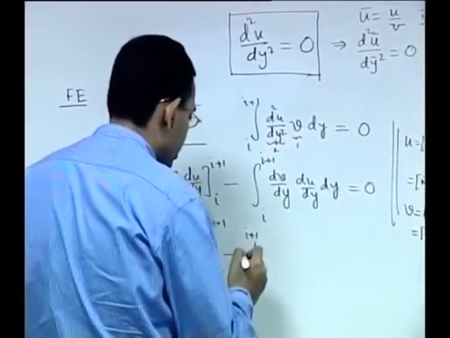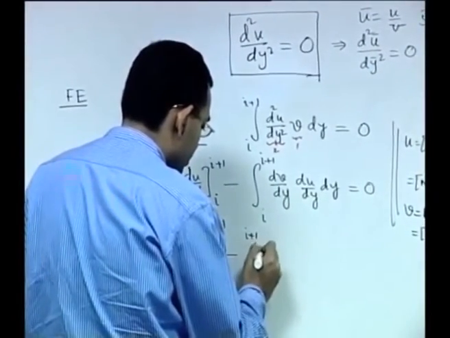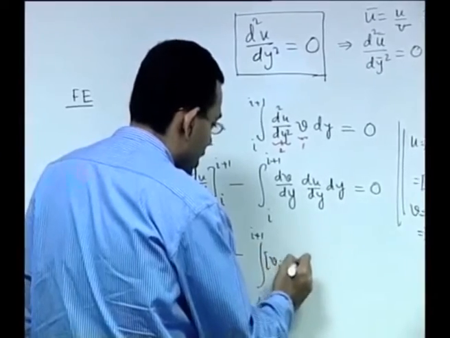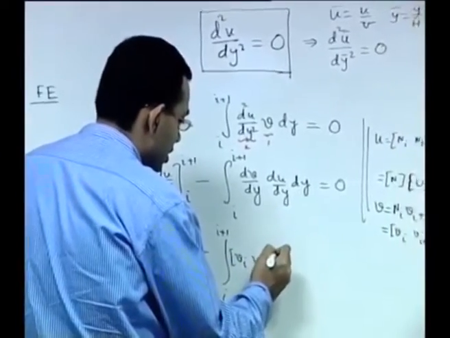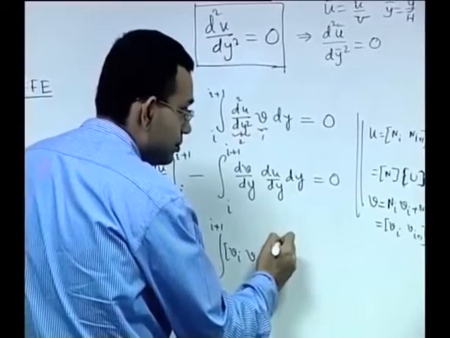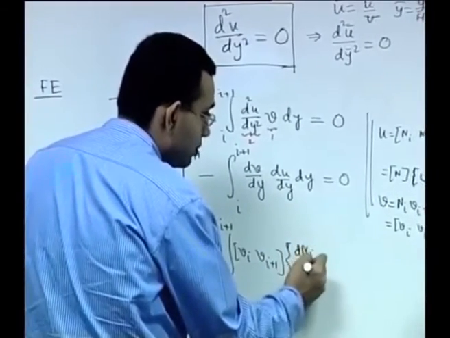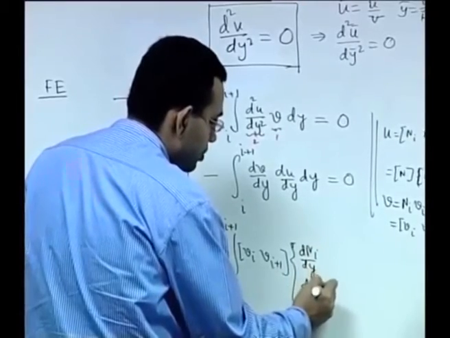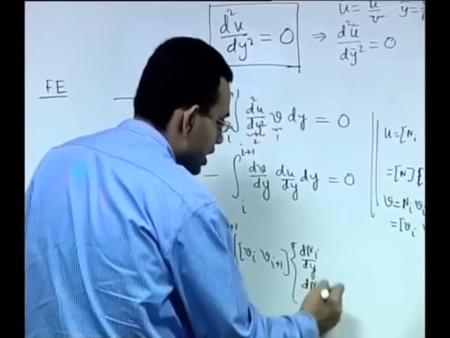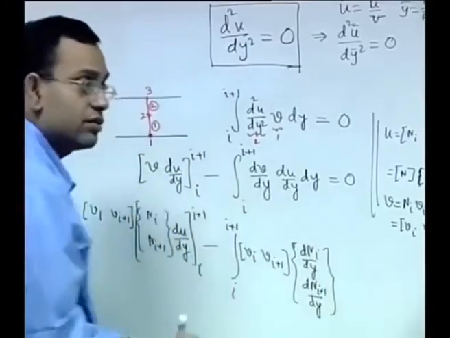Again we can put V_i, V_{i+1}, and this will become dN_i/dy, dN_{i+1}/dy, because N's are functions of y but V's are not functions of y.